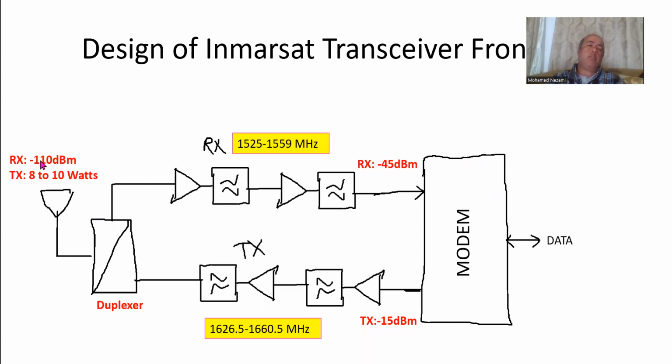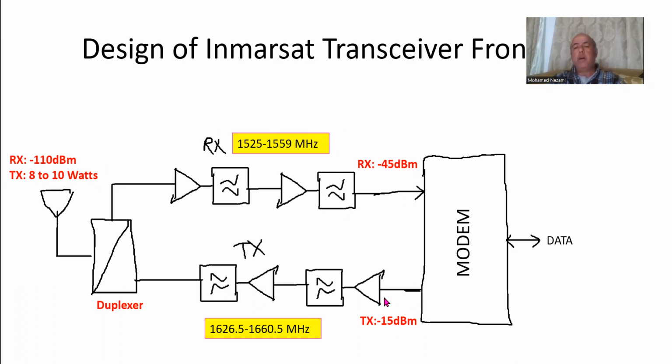Somehow we need to take a SATCOM signal, which is usually as low as minus 120 dBm, amplify and filter it through a chain of carefully designed components, so that I have minus 45 dBm with minimum noise figure introduced by this receive section, and an appropriate gain to bring the signal up from minus 120 dBm to minus 45 dBm.